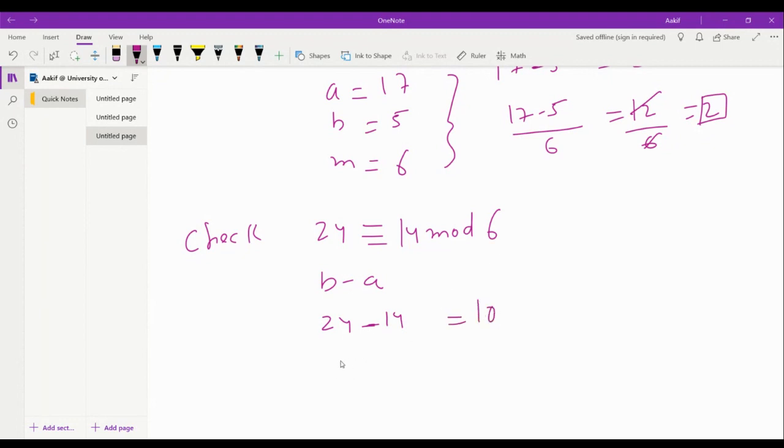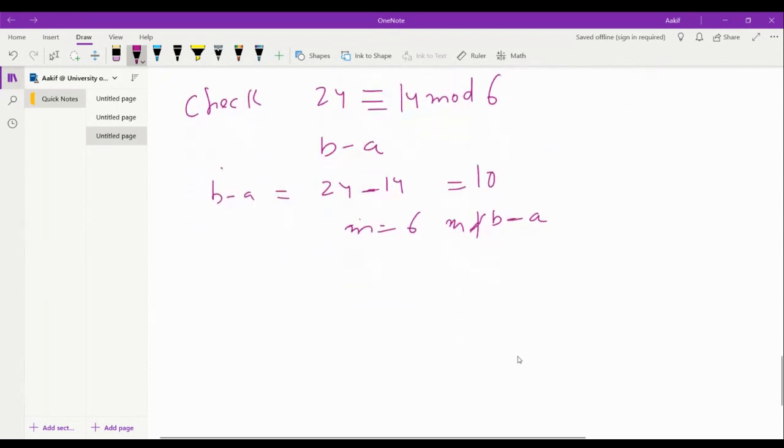And M in this case is 6. B minus A in this case cannot be divided by M. So M does not divide B minus A because we have 10 and 10 is not divisible by 6. So therefore, this is not congruent.